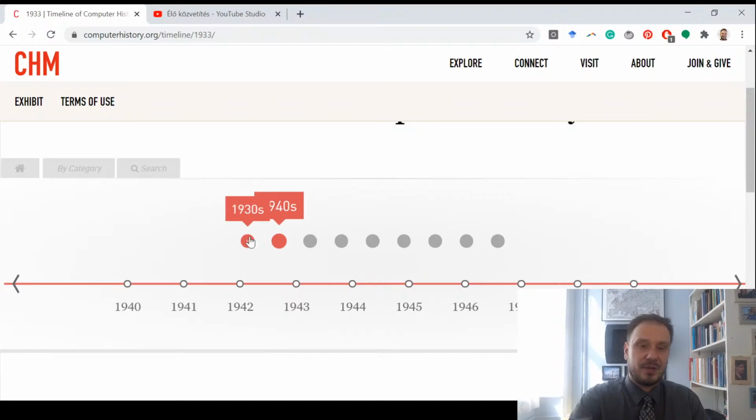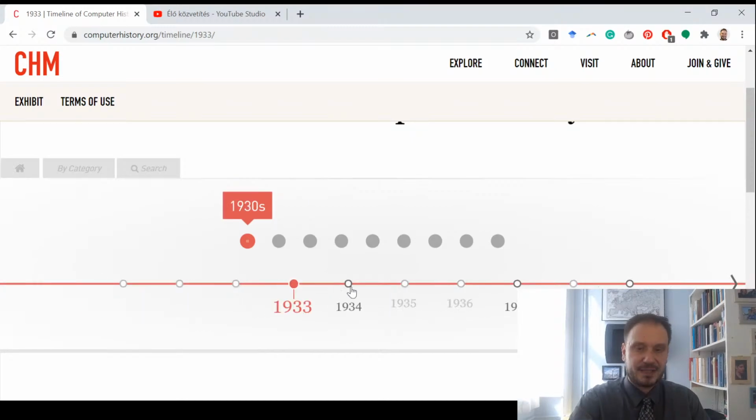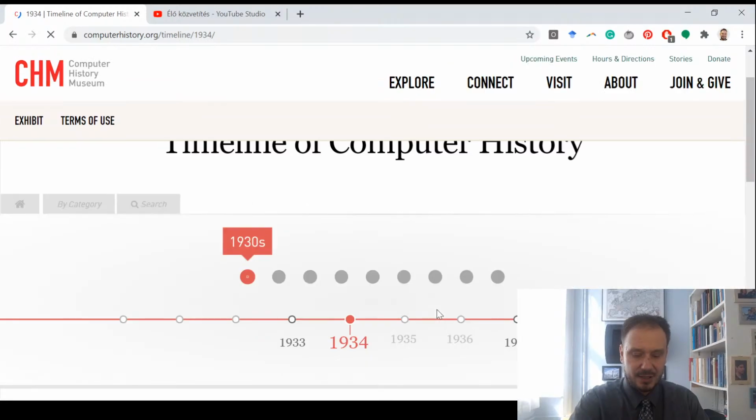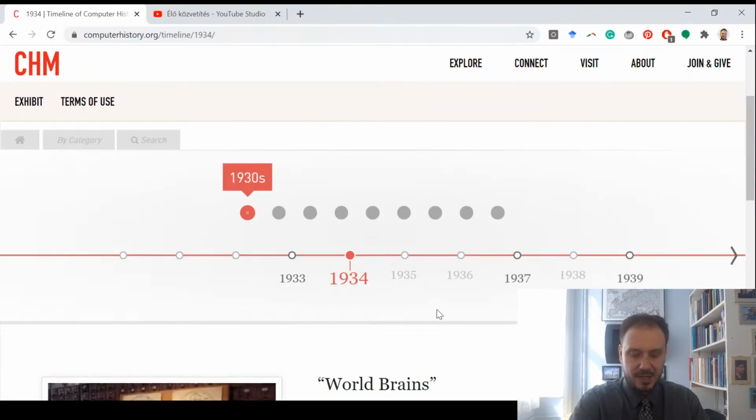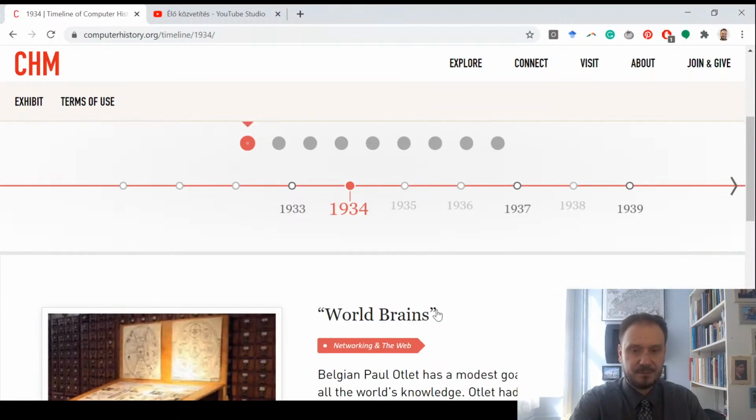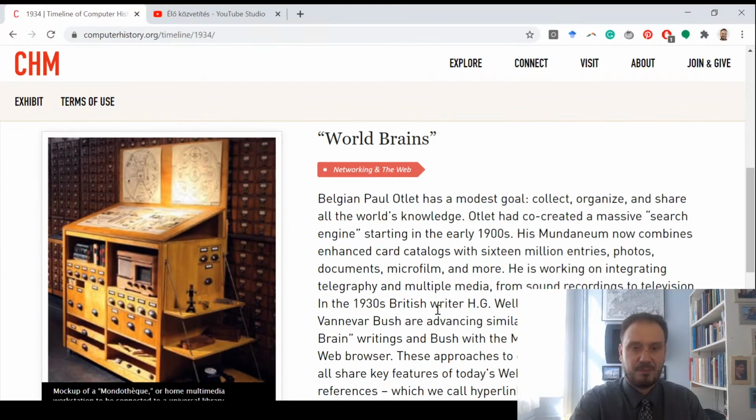Going back to the 30s, we are in the year 1934, where Paul Otlet, a Belgian inventor, an information scientist one would say, imagined a project somewhere at the start of the century called Mundaneum.